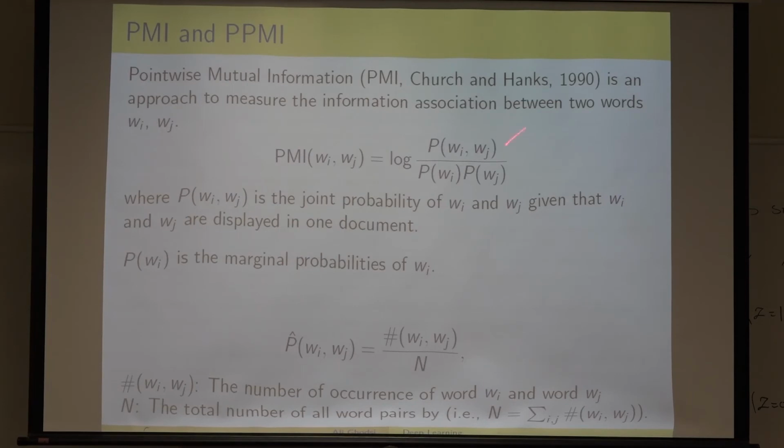P of Wi would be the number of Wi's divided by the total number, and P of Wj would be the number of all Wj's in the corpus divided by the total number. So each of these quantities can be estimated in the corpus just by counting words, and we can compute this quantity in a corpus.